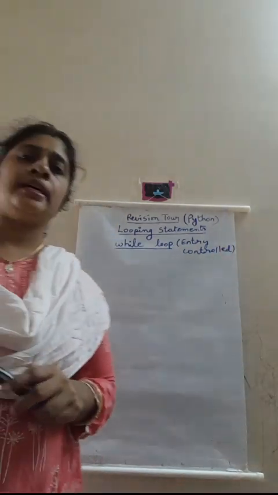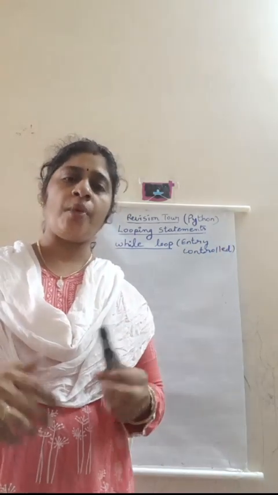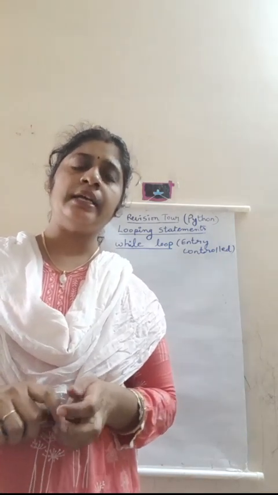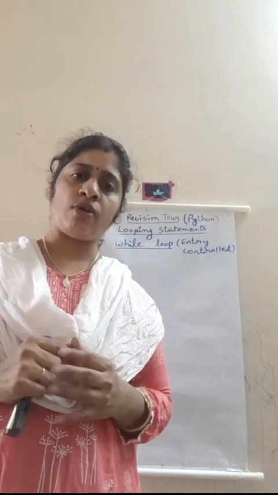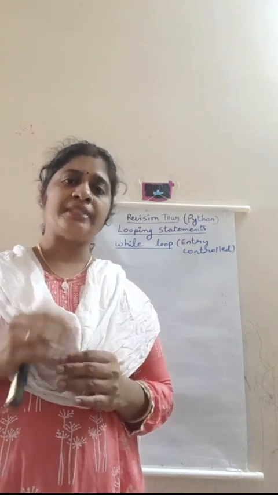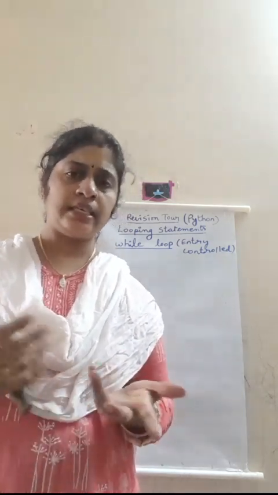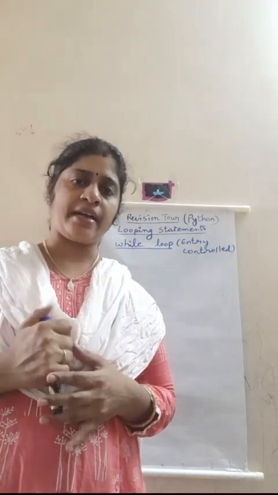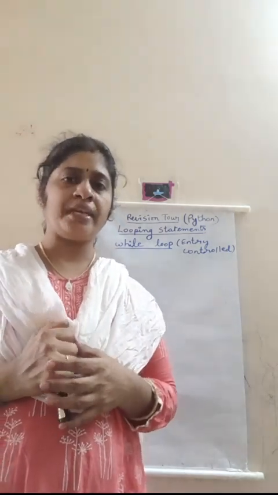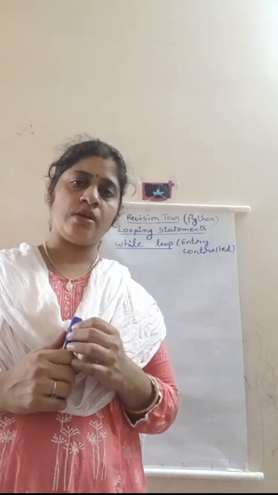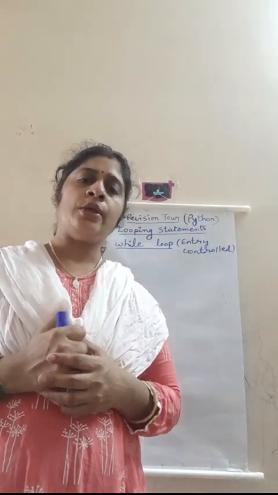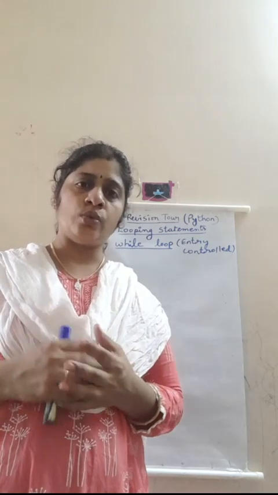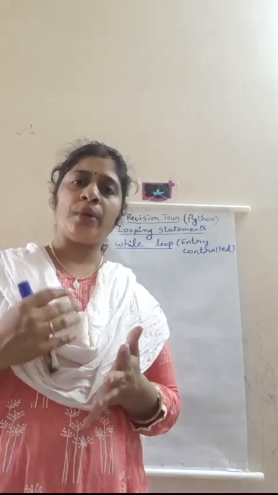That means when you are not sure how many times the loop has to be run, then we prefer the while loop. We have seen that in the for loop, the number of times the loop has to be run is known beforehand. But when we are not sure how many times it has to be run, then we prefer the while loop. For example, let us write a program wherein you ask the user for a number and you keep on adding.